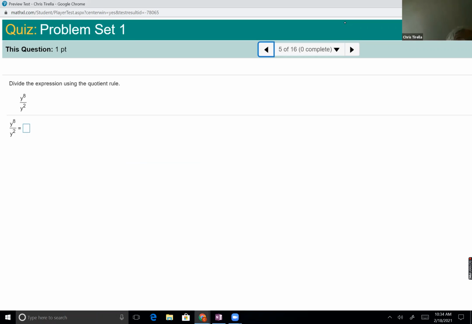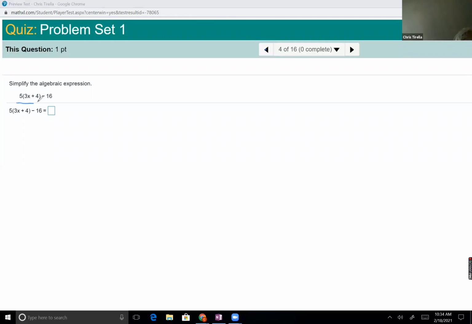Here we would just subtract the exponents to divide. Y to the 8 minus 2 is 6. And we're done. That one was too easy. Simplifying, first we need to distribute.